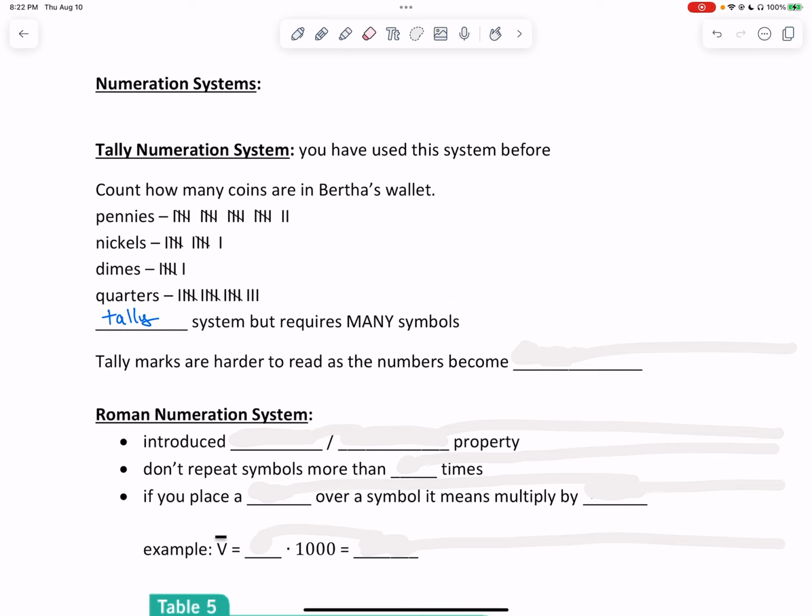So the tally system requires many symbols. Think if Bertha had 365 pennies in her purse. It's going to be really hard to do that with the tally system. When the tally marks get really long, it's just hard to read as they become bigger. Okay, so that's one system, the tally system.